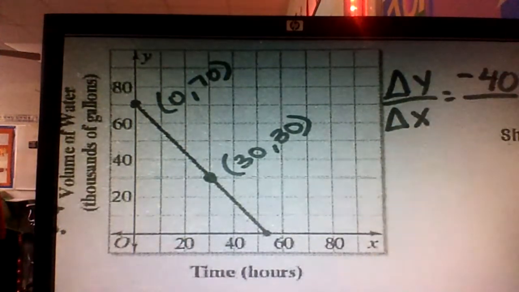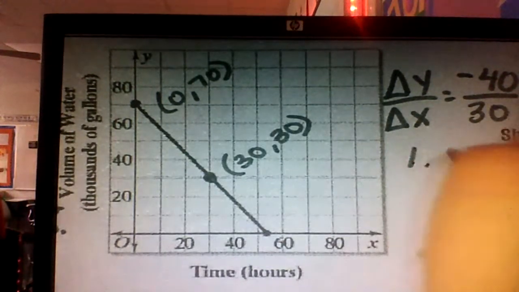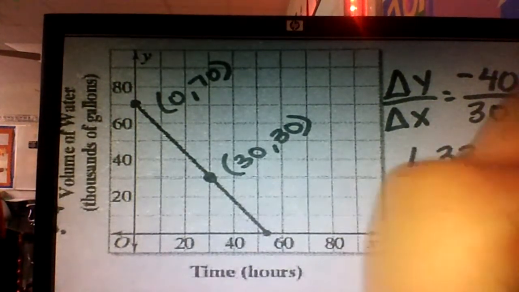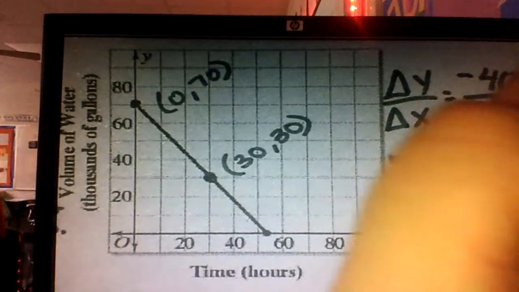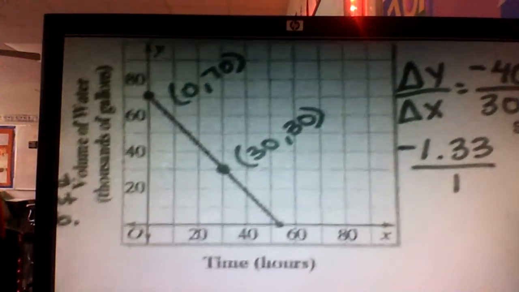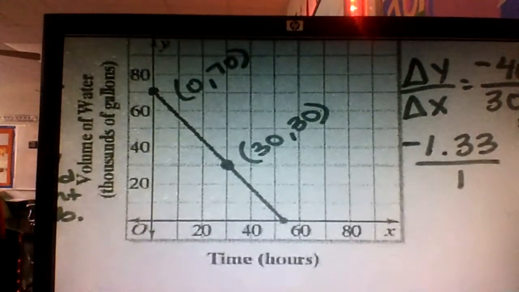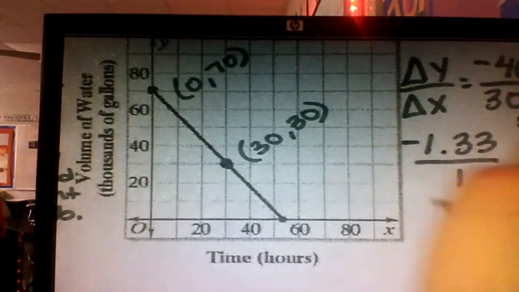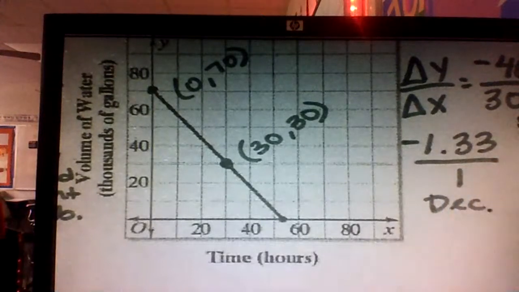Negative 40 over positive 30. Okay, that's 1.33 over 1. Negative 1.33 over 1. Yes, it's negative, which means it's decreasing.